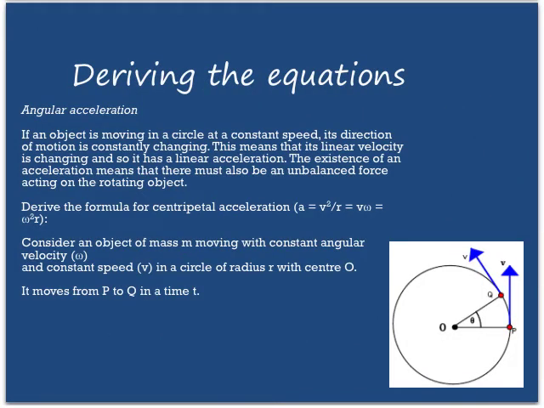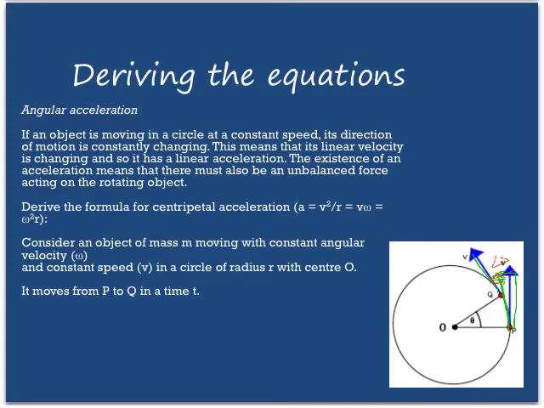So angular acceleration is if an object is moving in a circle at a constant speed. In this case, we've pretty much talked about it because the direction is changing and so on. There must be acceleration, there must be a force. So we're going to derive the formula. Consider an object of mass m moving, and it moves from P to Q in time t. Okay, so we've got 2 vectors for the velocity. If you add them together, you're going to get a change in velocity at the end there.